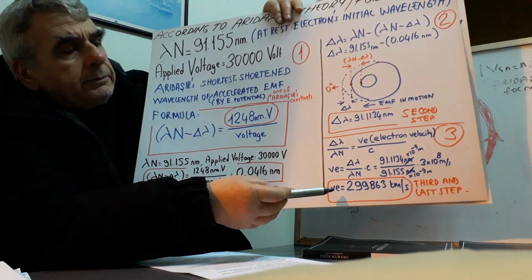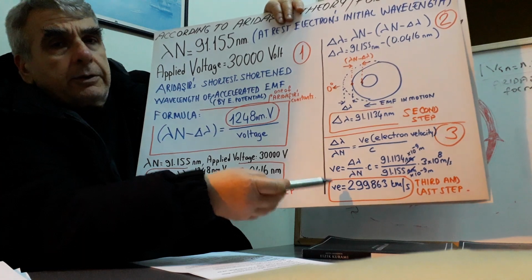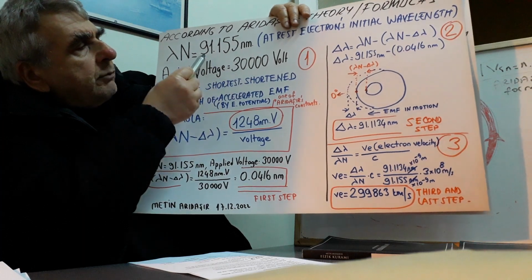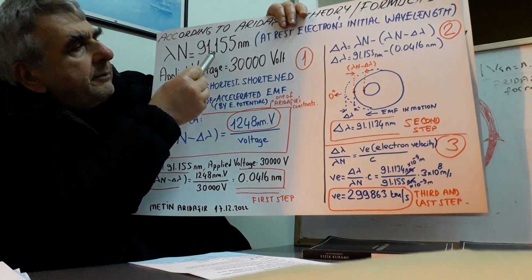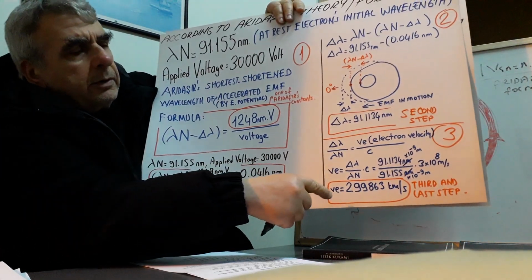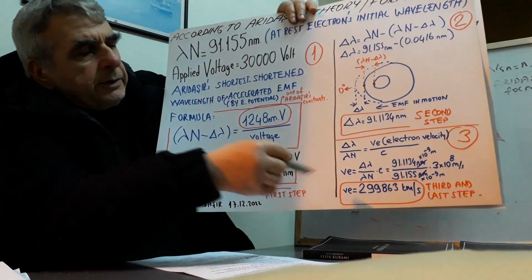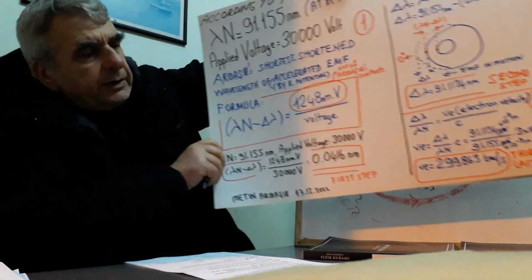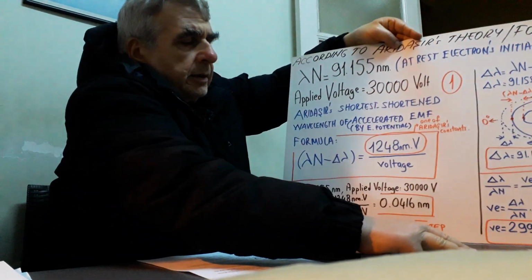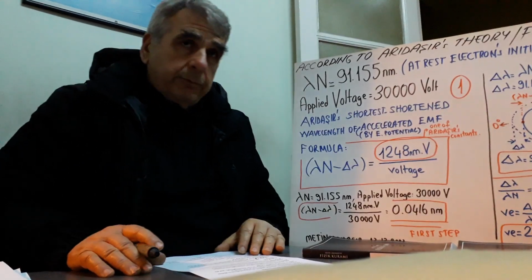Finally, we found the velocity of the electron motion form, which is applied on 30,000 volt, which is 91.155 nanometer. Yes, we managed to determine the electron motion form's velocity under the influence of a certain amount of voltage, electric potential.